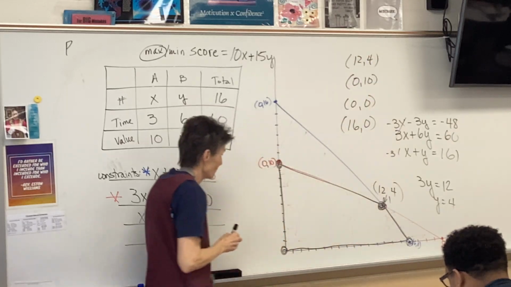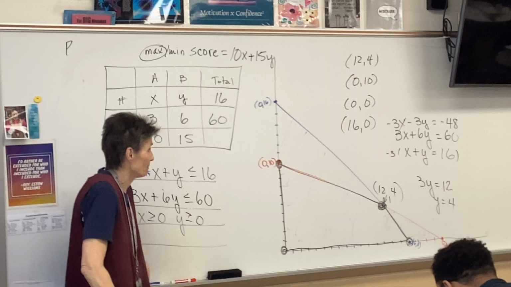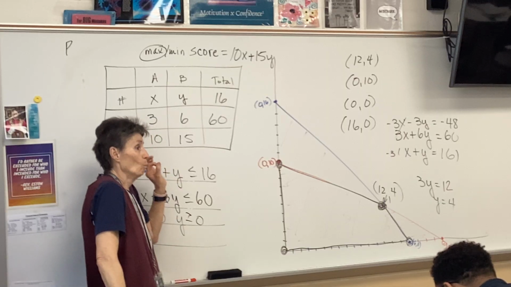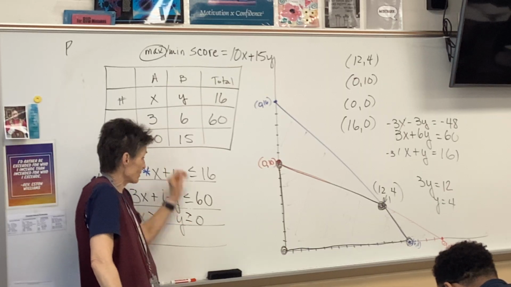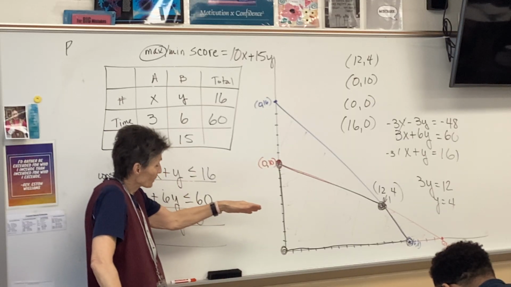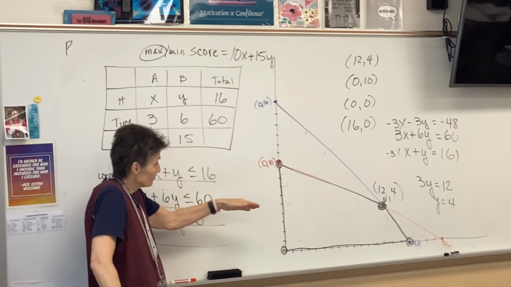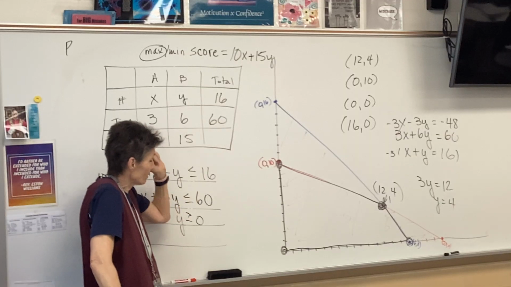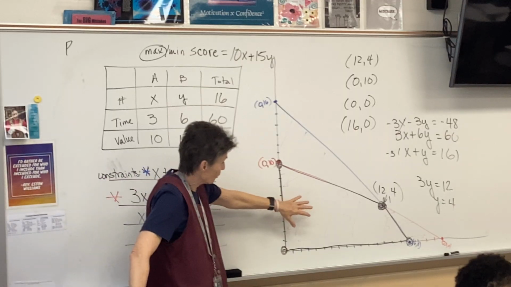Alright, so let me pause there for a minute, make sure everybody's keeping up. Once we got our constraints written, our equations written, we graphed them. Everything's going to be shaded somewhere. We look for where the shading overlaps.